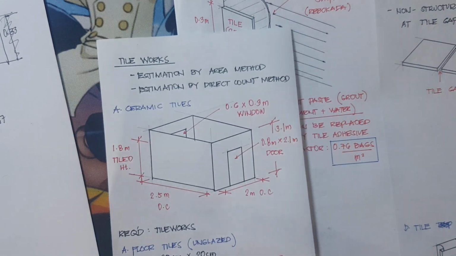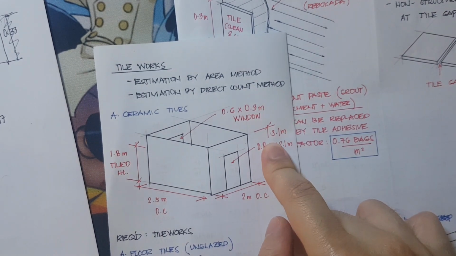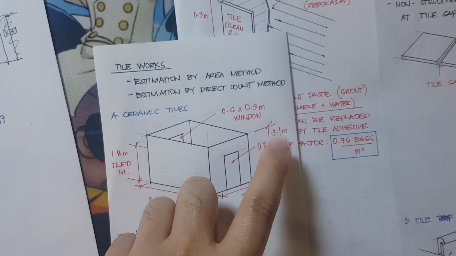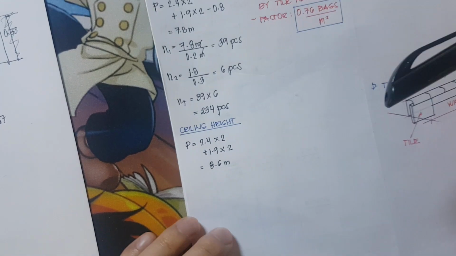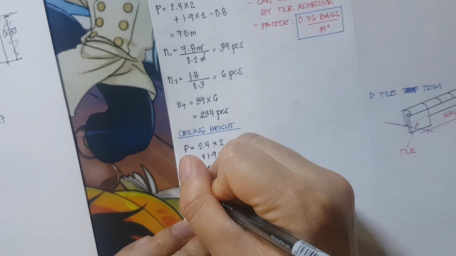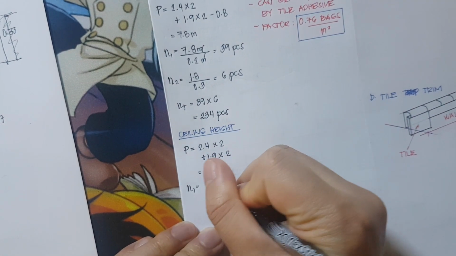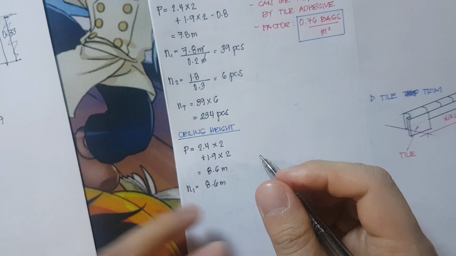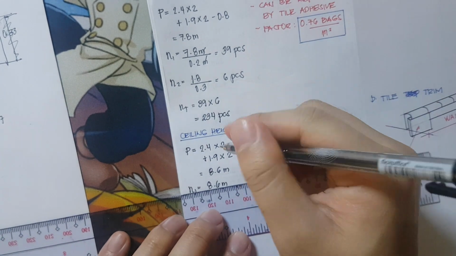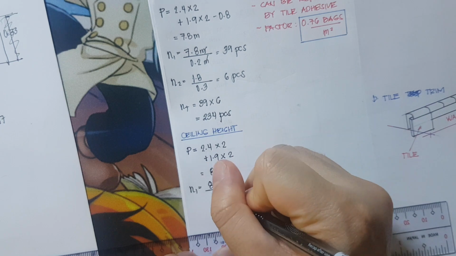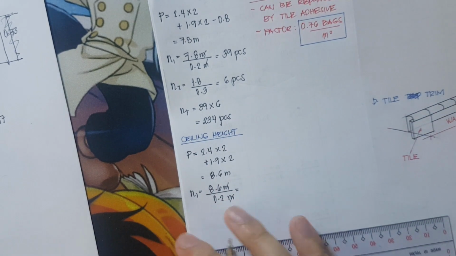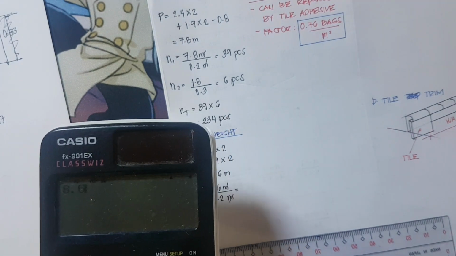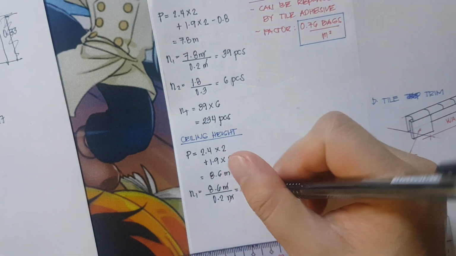Now, for the ceiling height, let's say it is 3.1 meters. Let's solve N1 first. N1 is equivalent to 8.6 meters divided by 0.2 meters, so that would be 43 pieces.